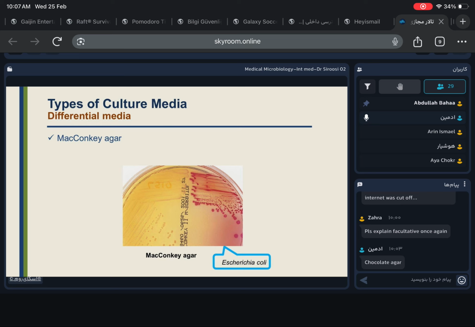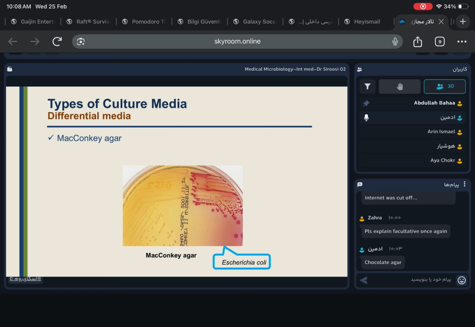So only gram-negative bacteria are able to grow on this type of culture medium, or MacConkey agar. So that's why it's a selective culture medium. It's also a differential culture medium. It means that there are some ingredients inside this type of culture medium which differentiate between bacteria.